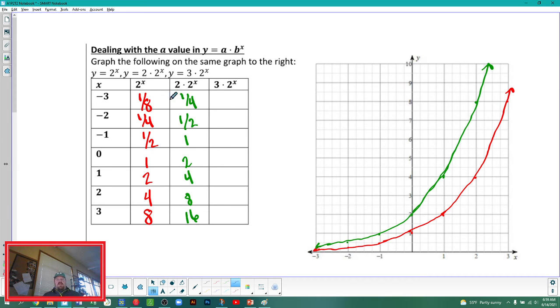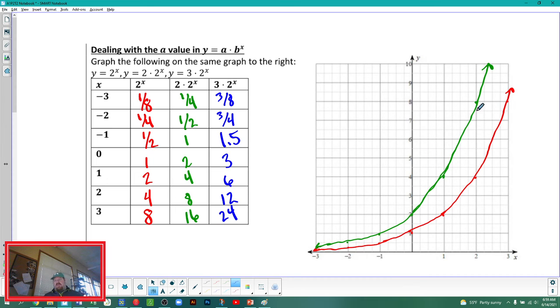Okay, and then if I take all these original ones and multiply them by 3, I don't know why I chose 3. Probably could have done something a little bit better. We'd have 3/8. We'd have 3/4. We'd have 1.5. I would have 3, and then 6, 12, and 24.